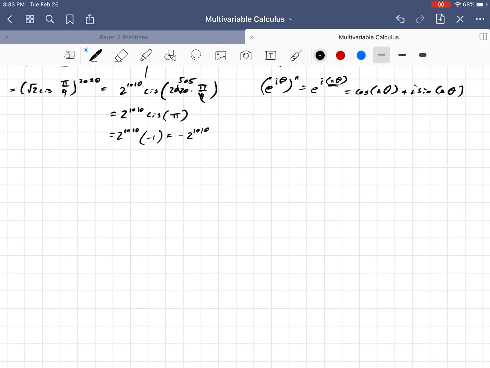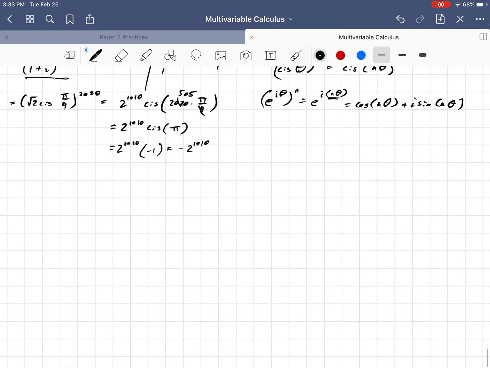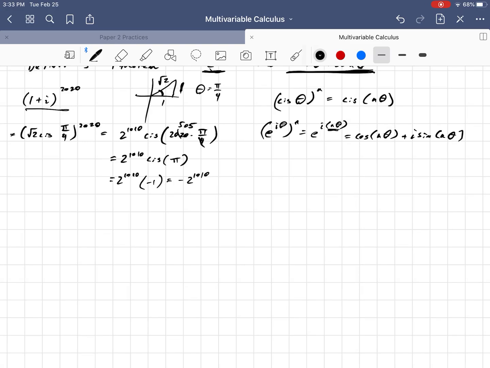So, sum to product identities, what can we use? We know that e to the I times a plus b is cis a plus b.